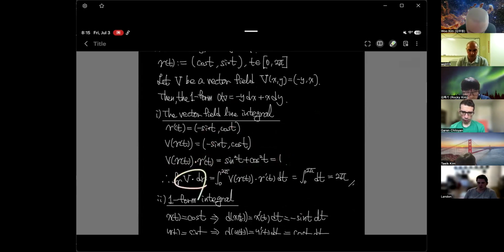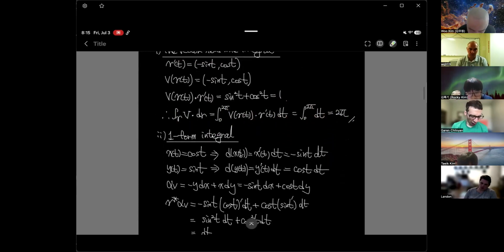Therefore, the vector field line integral, with t from 0 to 2 pi, is V of gamma of t times gamma prime of t dt, and we have just 1 as above. So the integral from 0 to 2 pi of dt is just 2 pi.